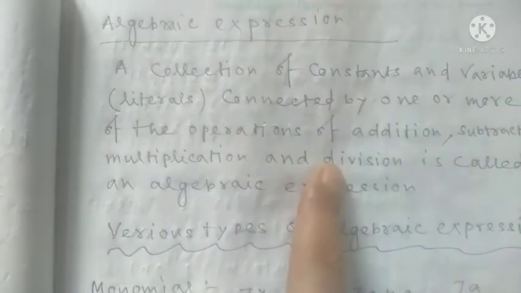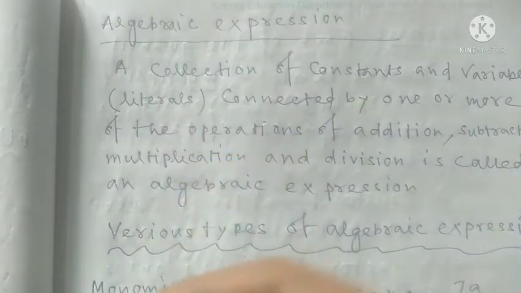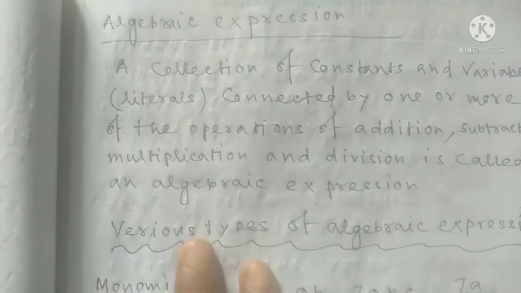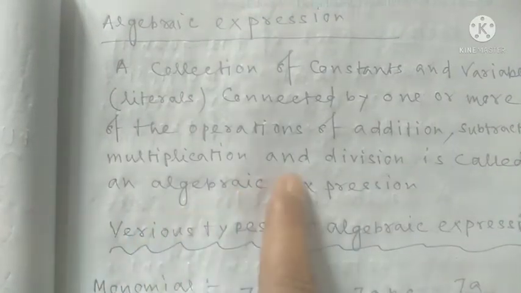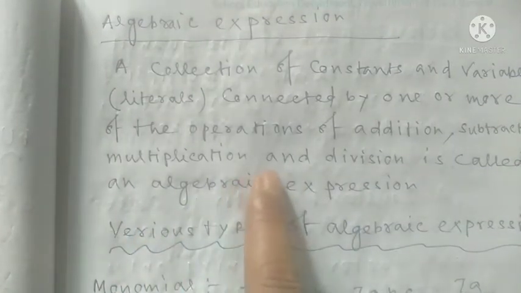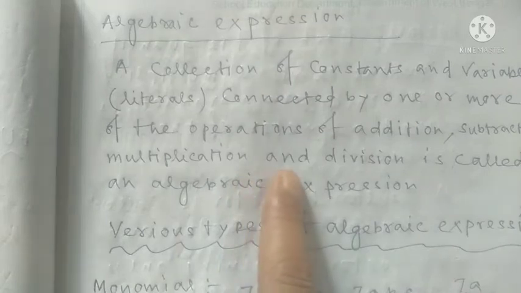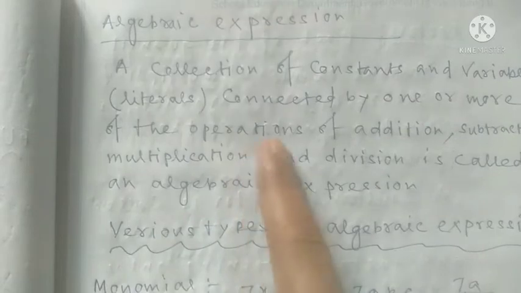If you can't understand what an algebraic expression is, you will find it very difficult to solve the questions and the exercise problems. So first of all, you have to learn what an algebraic expression is in this chapter, and after that you can solve the questions.